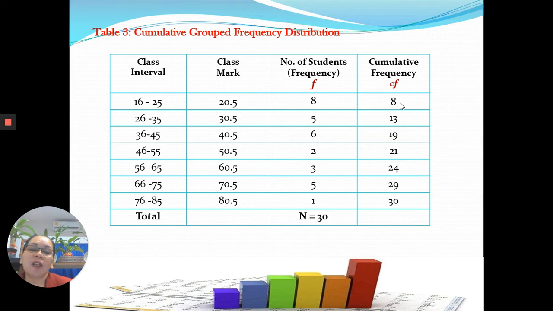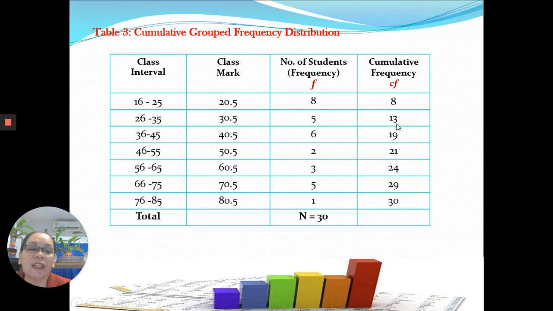How do we get the cumulative frequency of each interval? For the first class interval, we just copy the frequency to your cumulative frequency column. And then for the second class interval, you have a frequency of 5, add that to the frequency of the first interval, and that is the cumulative frequency of your second class interval.